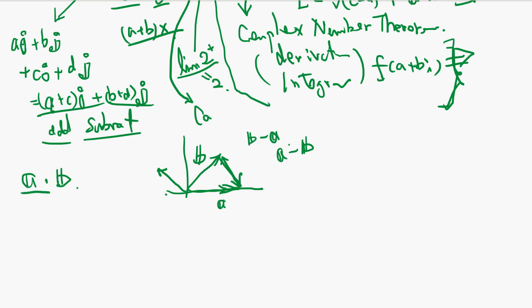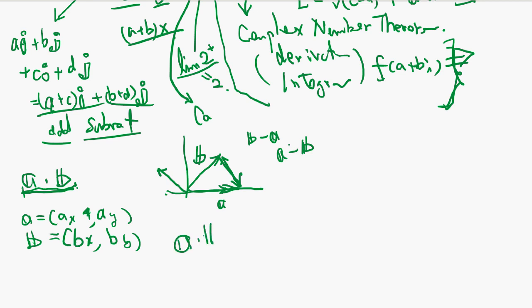Now we define multiplication, but this is one of the multiplications. If vector A is AX, AY, and vector B is BX, BY, then vector A times vector B is AX multiplied by BX plus AY multiplied by BY.